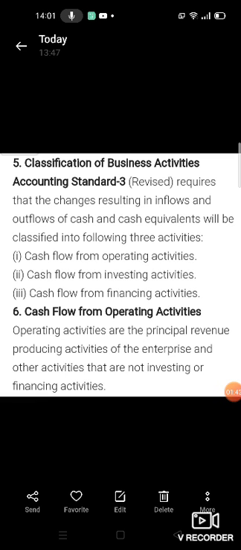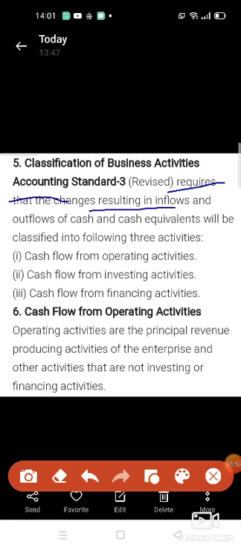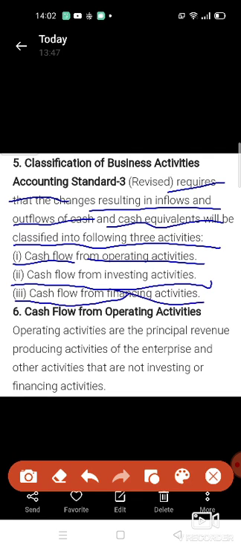Classification of business activity: the accounting standard requires that the changes resulting in inflow and outflow of cash and cash equivalent will be classified into the following three activities. Number 1, cash flow from operating activities. Number 2, cash flow from investing activities. Number 3, cash flow from financing activities.